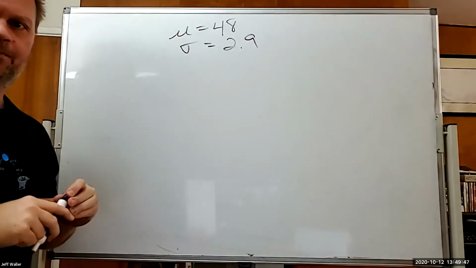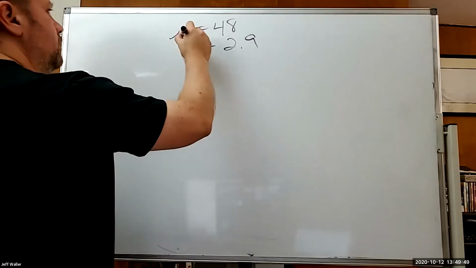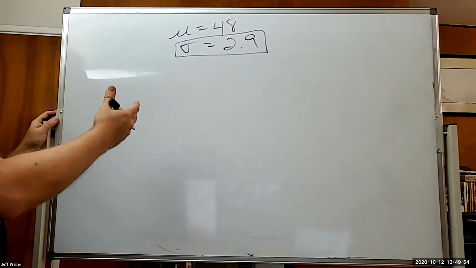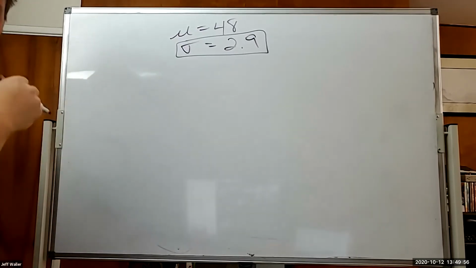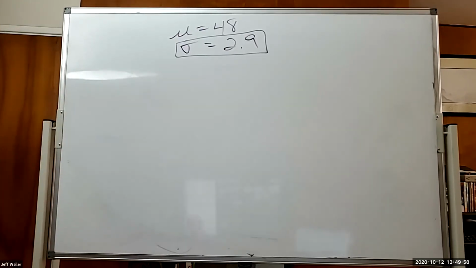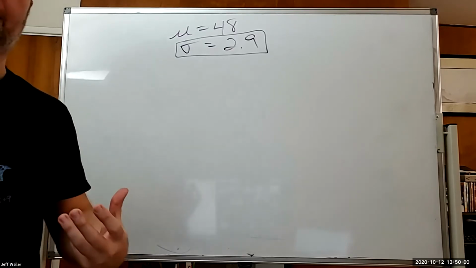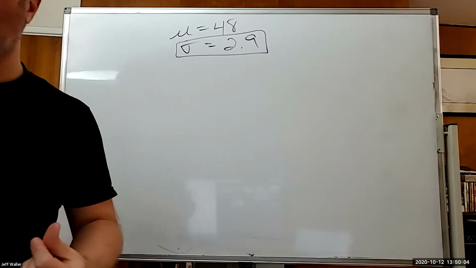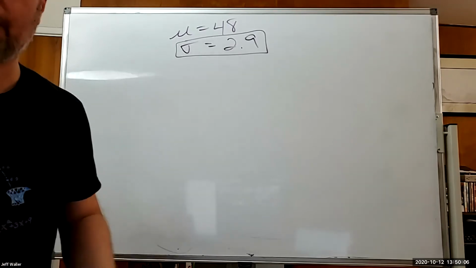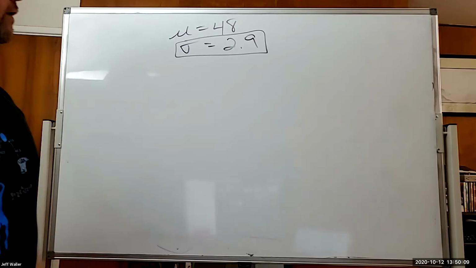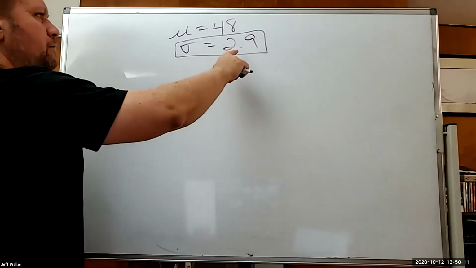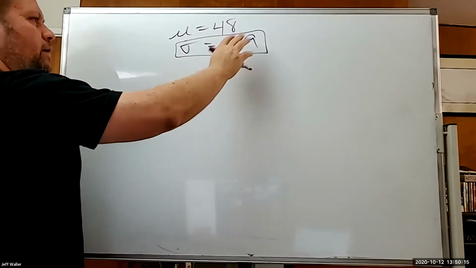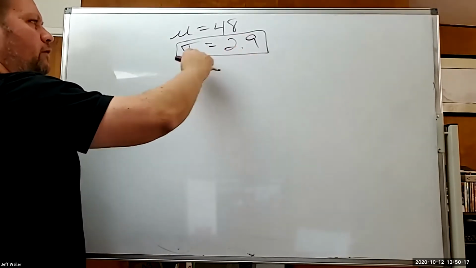I like it. Can somebody tell me, what does this mean? What does that statement mean? I know it's strange. You're like, standard deviation is 2.9, Jeff, but what does that mean? Any data point is going to be 2.9 standard deviations away, above or below 48. You gotta be careful. This is the standard deviation, so it can't be a number of itself.